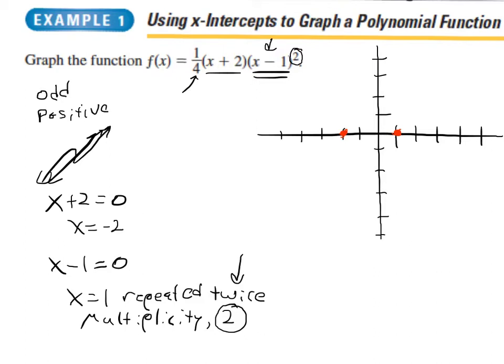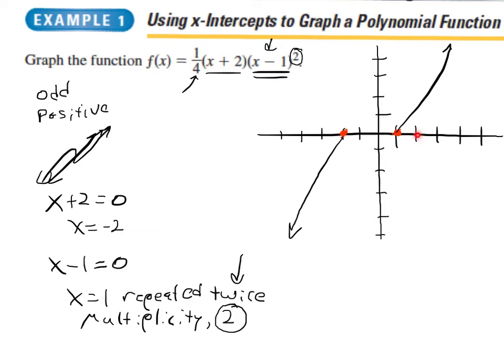Now, because I know that this is odd and positive, I know that it needs to shoot in that direction and that direction, because I know that's how the arrows work. Do I know exactly what the y values are from these x's? No, I don't necessarily, so this may not be completely accurate. If you want to, you can evaluate what is y when x equals 2.